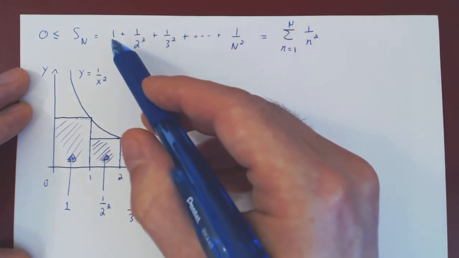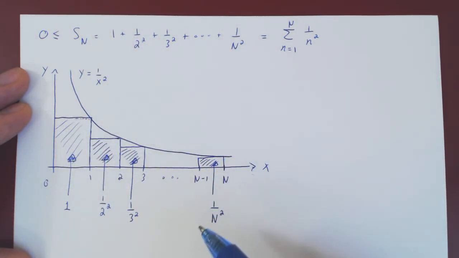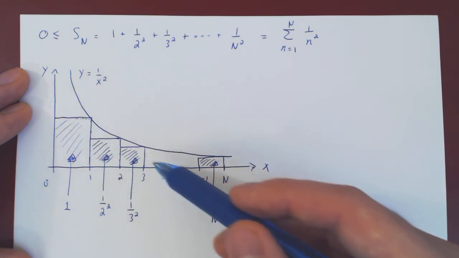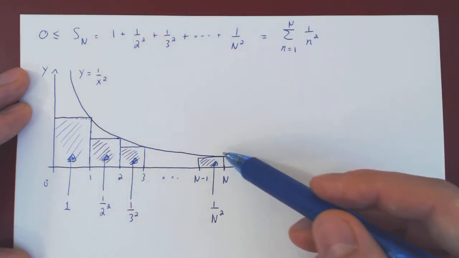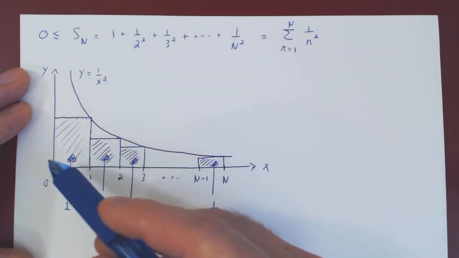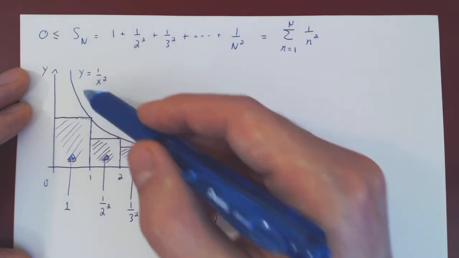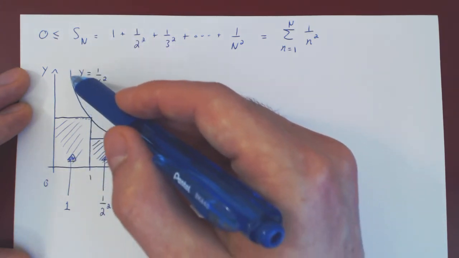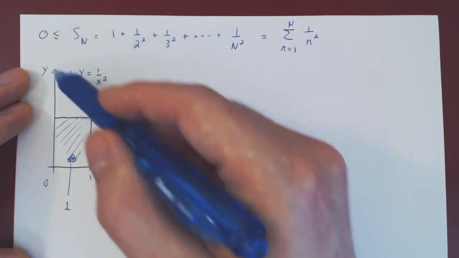So geometrically, Sn is the sum of the areas of all of these rectangles. This is clearly less than the area below 1 over x squared from 0 to n. But here we have a little bit of a problem. From 0 to n, the function shoots up to infinity, so we're taking something that is way too large.